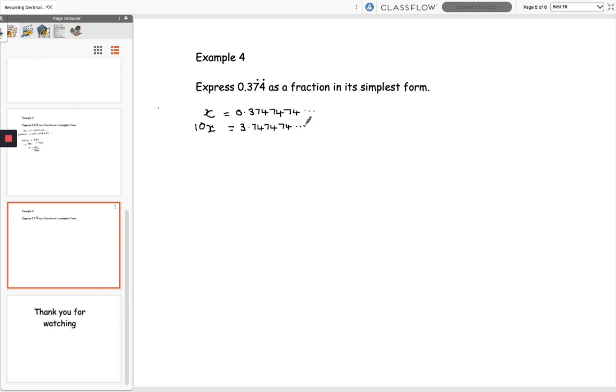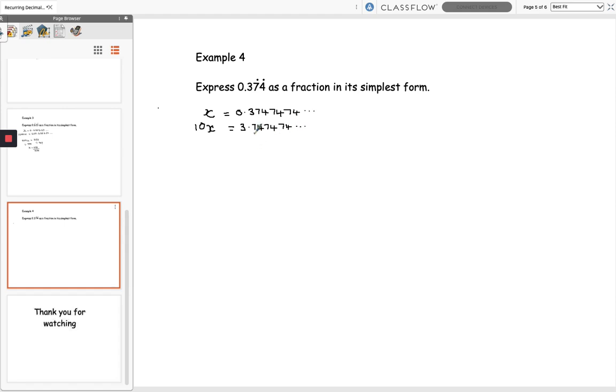Now I need to multiply that 10x equals 3.74 recurring by 10 to the power of the recurring group, and I'm then going to have my two numbers that have got the recurring group to the right hand side of the decimal point, so I can then eliminate that recurring group.